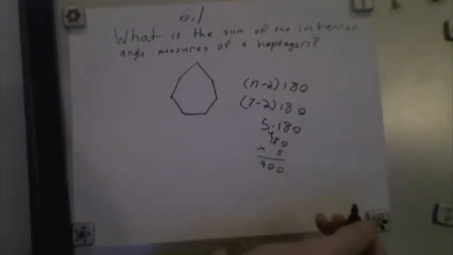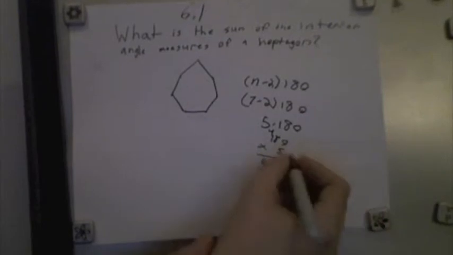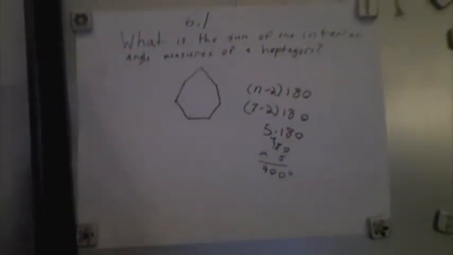So the interior sum is 900 degrees, the sum of the interior angle measures of a heptagon.